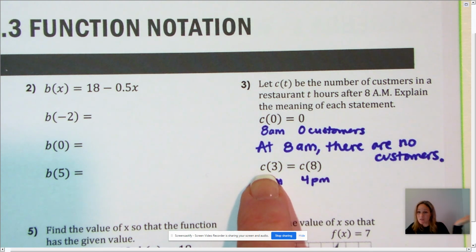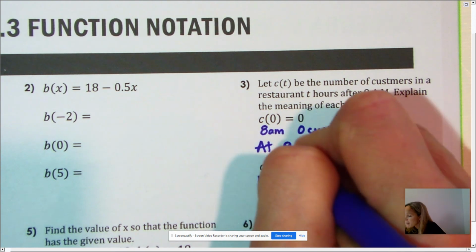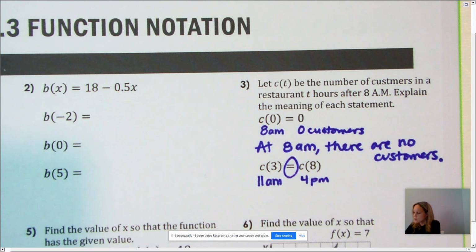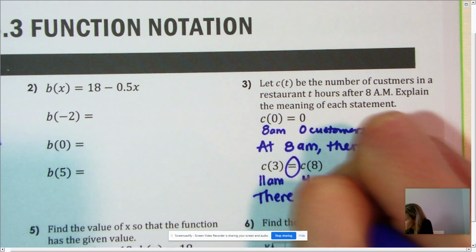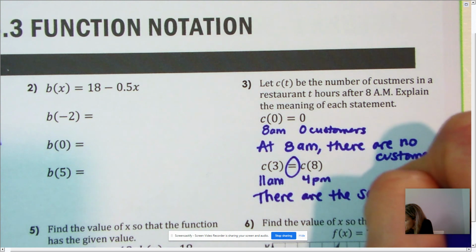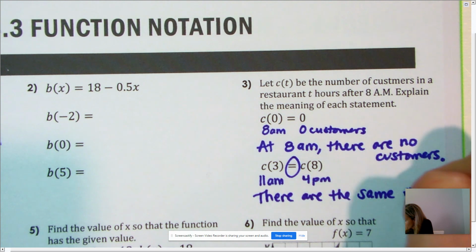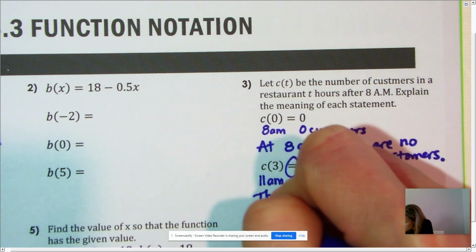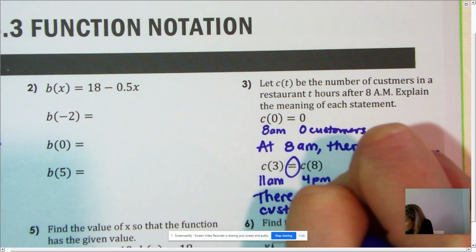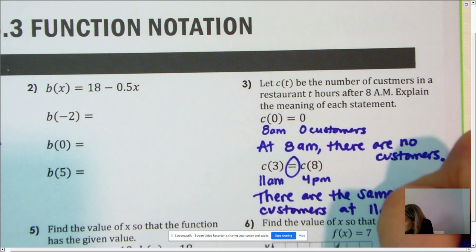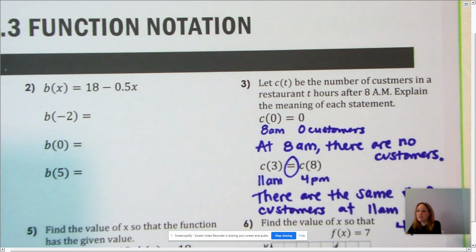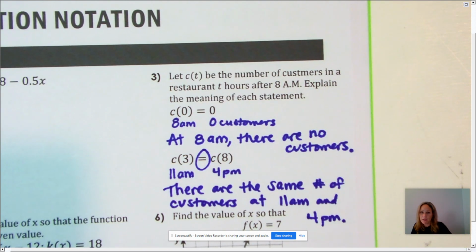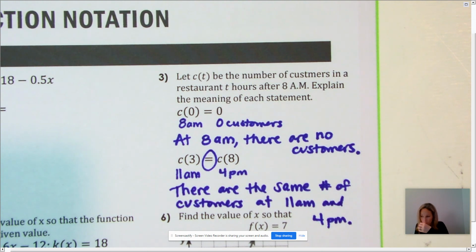We don't know how many customers, but we know that the number is equal. So you could say there are the same number of customers at 11 a.m. and 4 p.m. The number of customers is equal. Oh, sorry. Okay, question number 4.